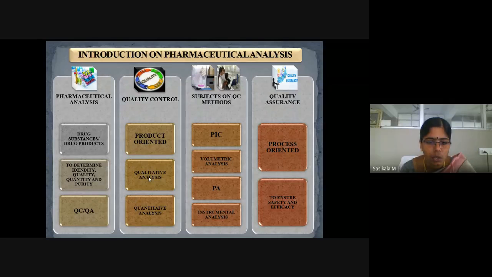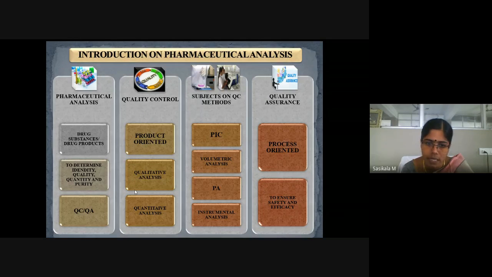So how are we carrying out analysis? Based on the physical and chemical properties of the drug substance. Mainly physical and chemical parameters are followed to determine its identity, quality, quantity, and purity.